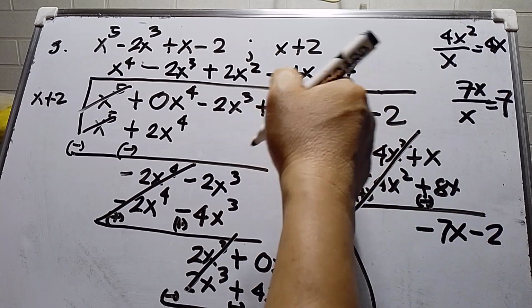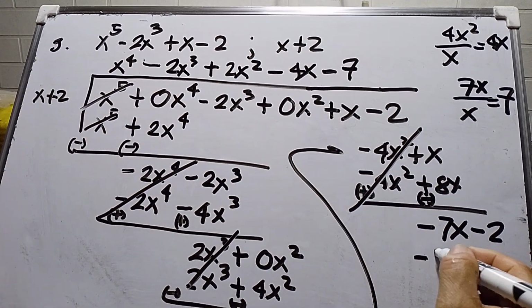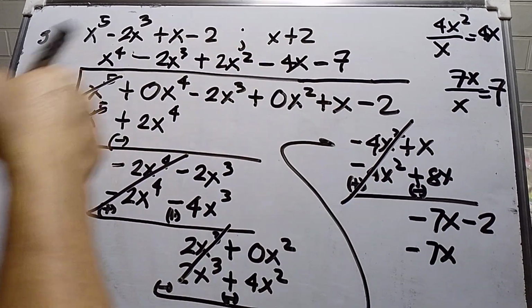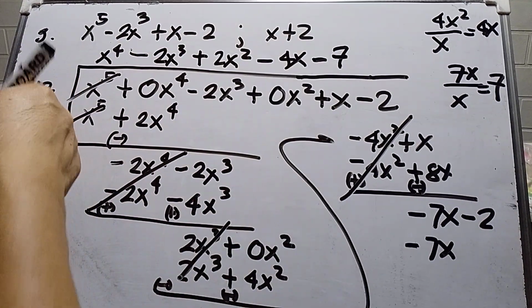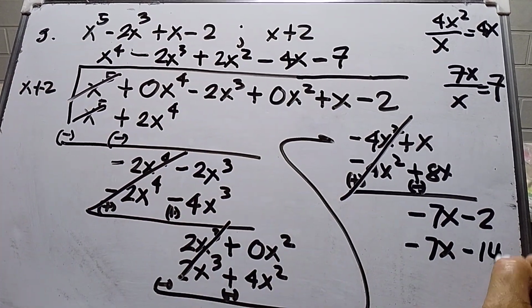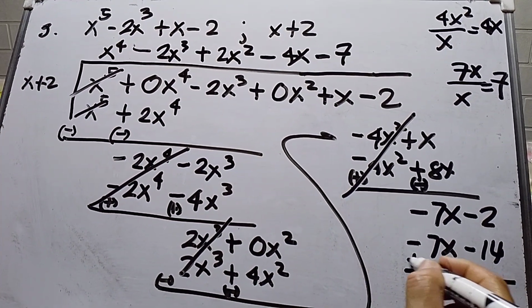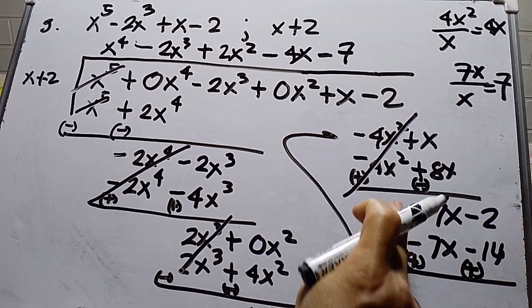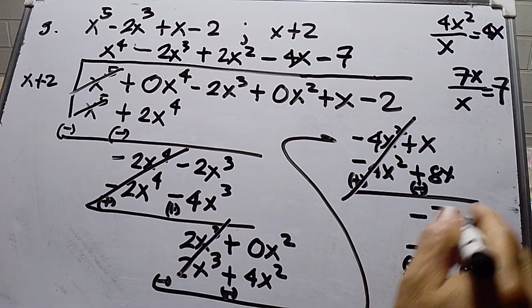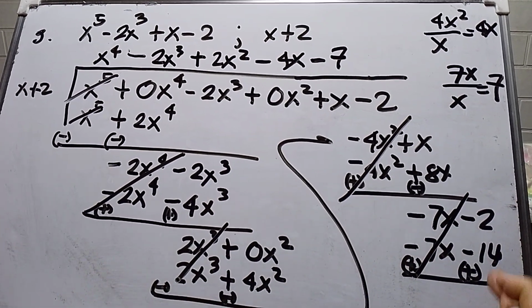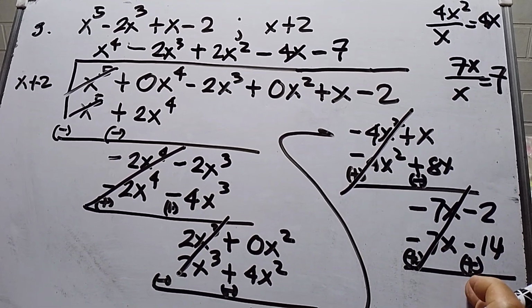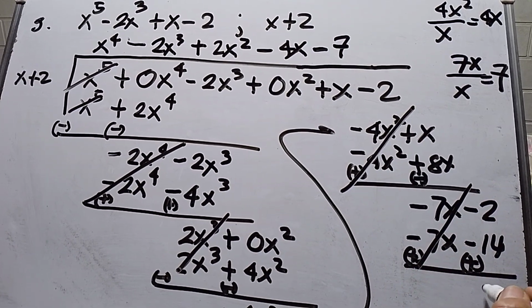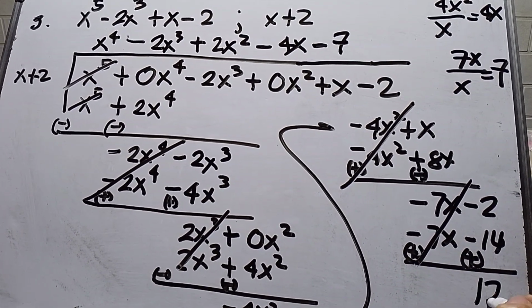Negative 7 times x is negative 7x, and negative 7 times 2 is negative 14. Again, change the sign of the product, so this one will be positive. Negative 7x plus 7x crosses out. Then I have positive 14 minus 2, so that is positive 12.